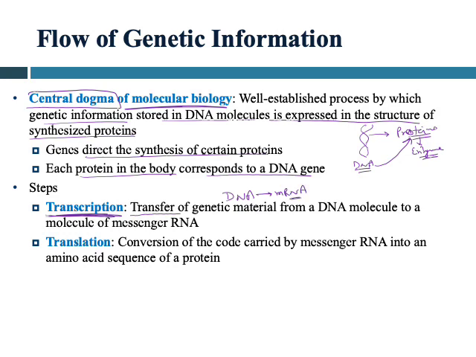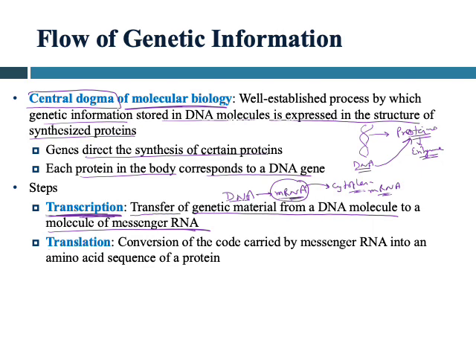So transfer of genetic material from a DNA molecule to a molecule of mRNA. So the formation of mRNA from DNA we call transcription. And now this mRNA can cross the nucleus and go to the cytoplasm. We already talked about this. Once the mRNA is in place in the cytoplasm, outside the nucleus, then we begin protein synthesis.